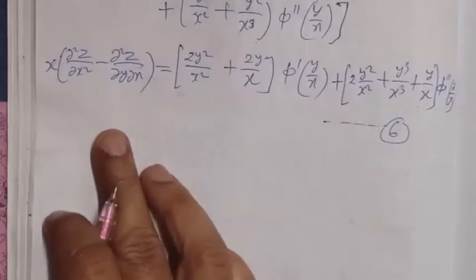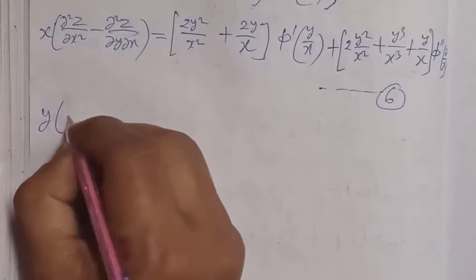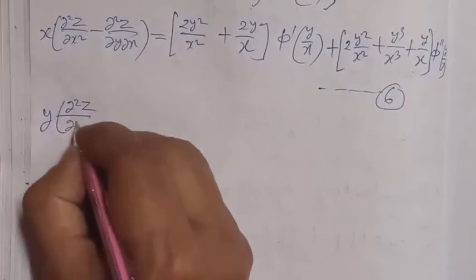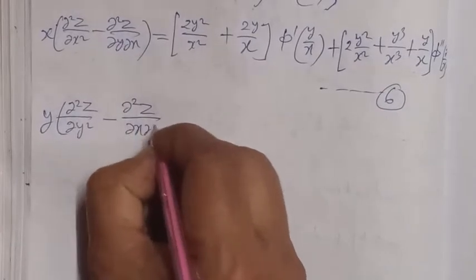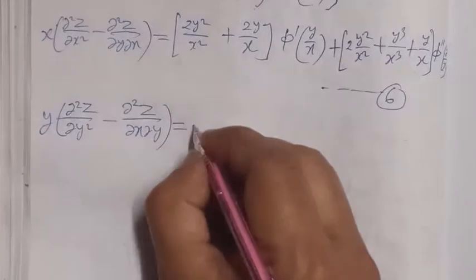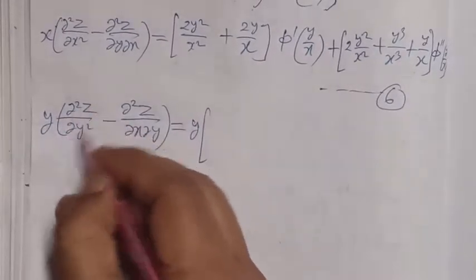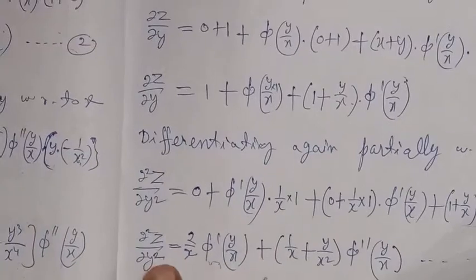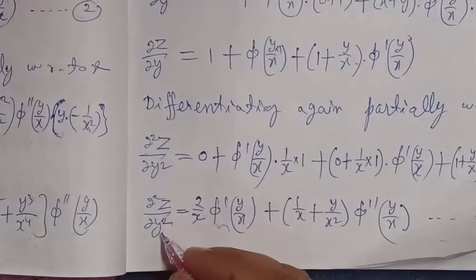Now we will find the value of the right hand side, y del 2z over del y square minus del 2z over del x del y. First of all, we write the value of del 2z over del x square. In the last equation 5, we found the value of del 2z over del y square.